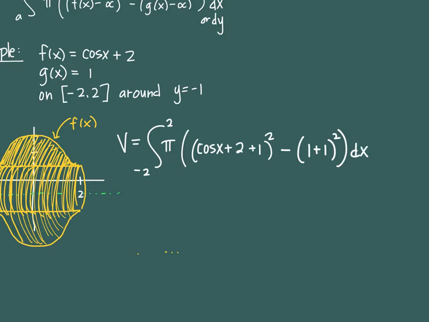And after that, that's the hardest part, is setting it up. After that, it's just computing the antiderivative and plugging your values in. So at that point, we would have the integral from -2 to 2 of pi times cosine of x plus 3, that quantity squared, minus 2, and that quantity squared.